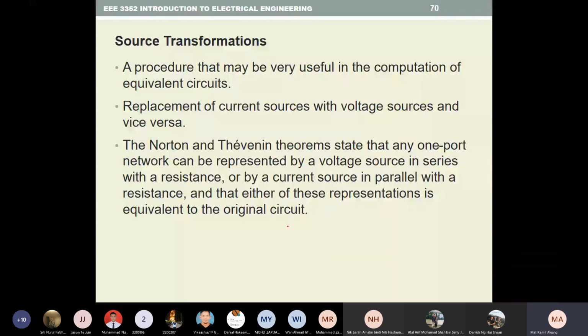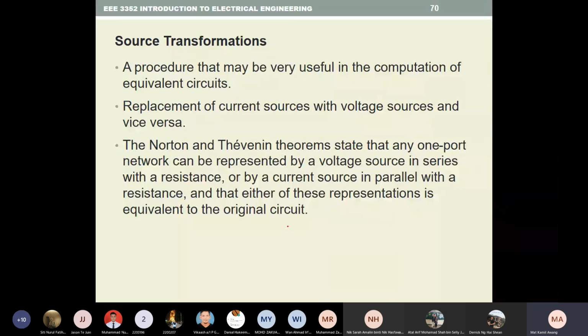Therefore, there is a relationship between the voltage V Thevenin and the I Norton. Through this relationship, we can transform the voltage source into a current source and the current source into a voltage source.